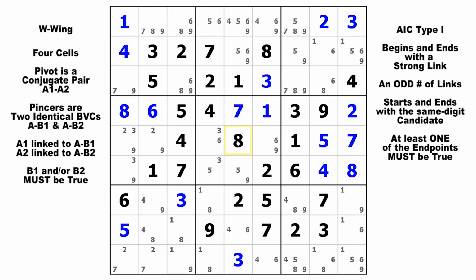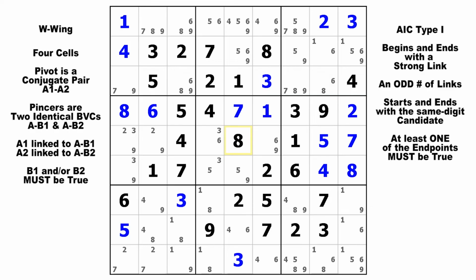Or maybe you will find your own way of doing it, which would be great. If you think of something clever, please let me know. I think that you will find that there are generally fewer conjugate pairs than there are bi-value cells, so it seems more efficient to me to locate the conjugate pair first, because without the connecting conjugate pair, there is no W wing. All right, let's take a look at this example right here.